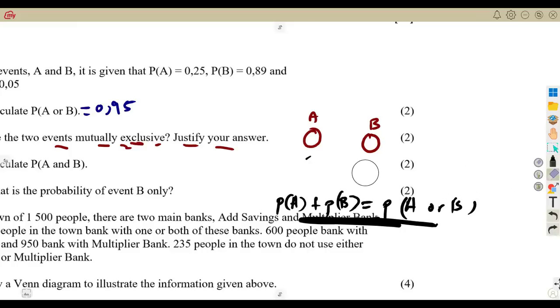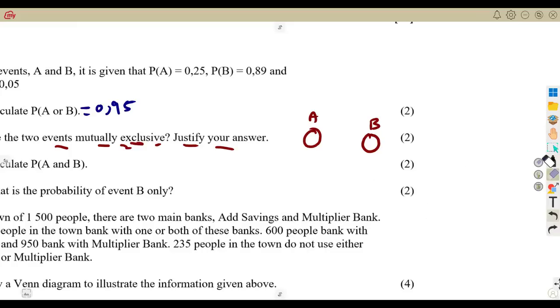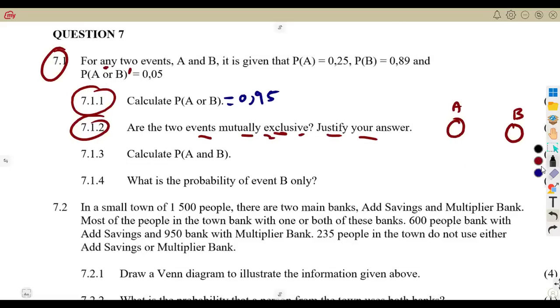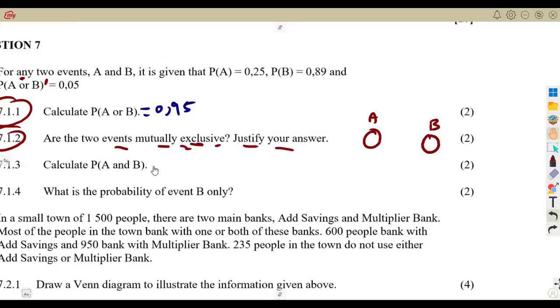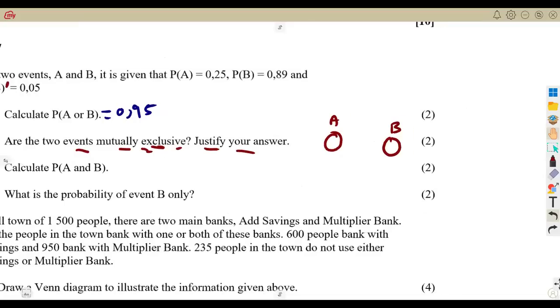So you're going to prove it from any part. So the first one was something that they need you to calculate on the second part. So you can avoid that one and use the first one. So you can use the second part to say, if they are mutually exclusive, truly the probability of A or B must be equal to the probability of A plus the probability of B, if truly they're like that.